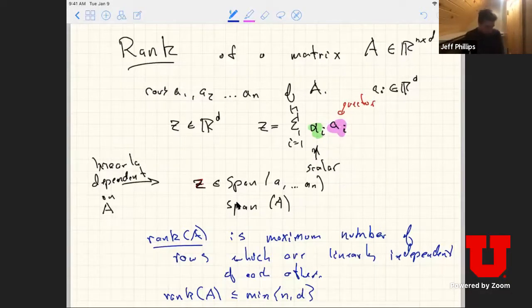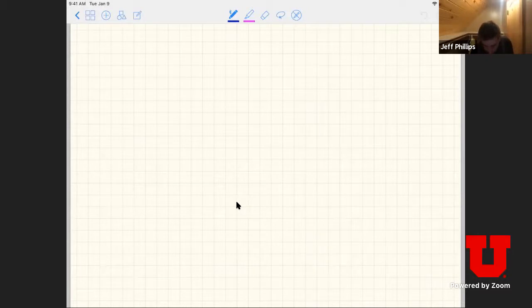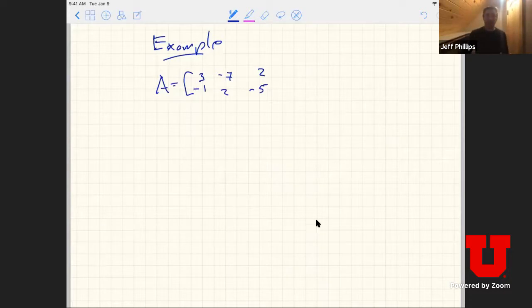Let's go through this simple example. The matrix A is 3, minus 1, minus 7 in the first row, and 2, 2, minus 5 in the second row. What is the rank of this?